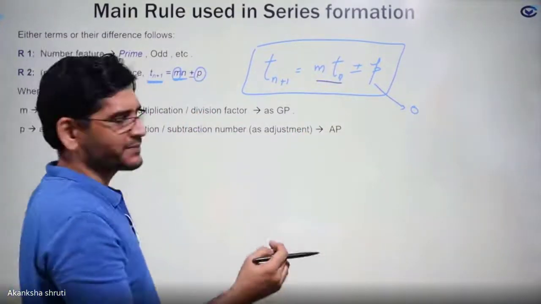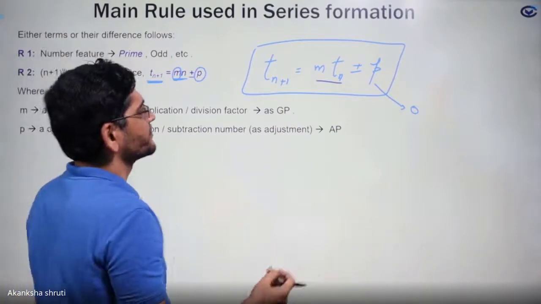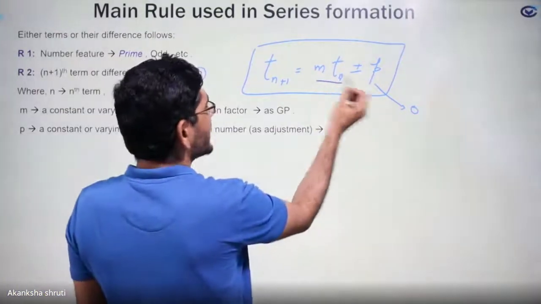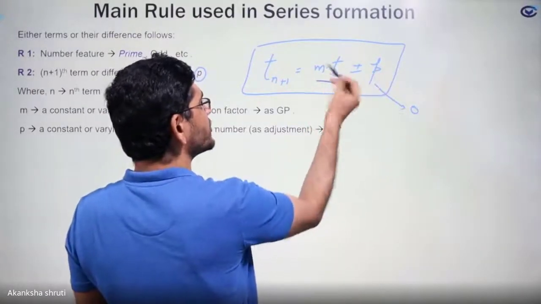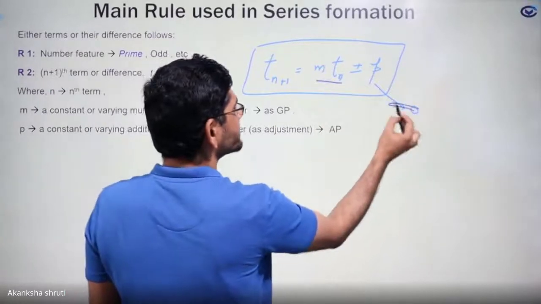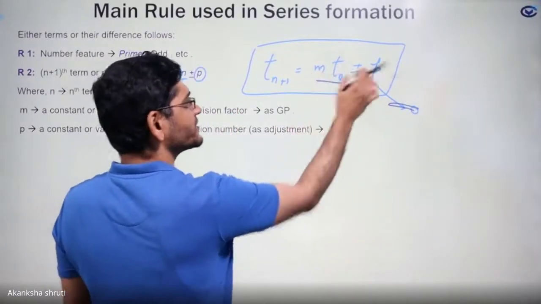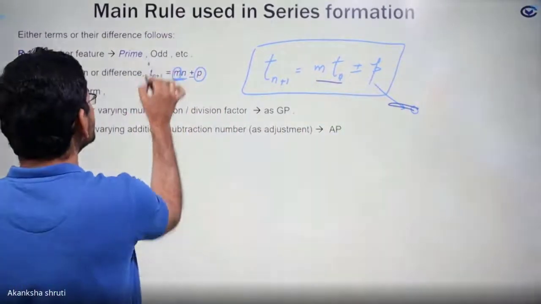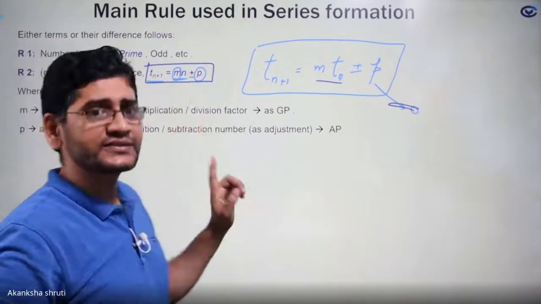Multiplied by 2, each term is the previous term multiplied by 2. So students, it could be this one. The next one, it is possible that neither is 0, meaning none of them is 0. So first the previous term is multiplied by some number with some adjustment. That's why this is the most general formula based on which these series are framed.